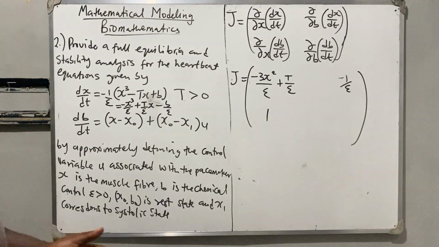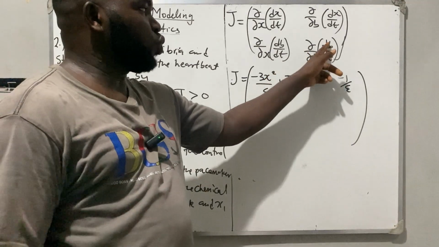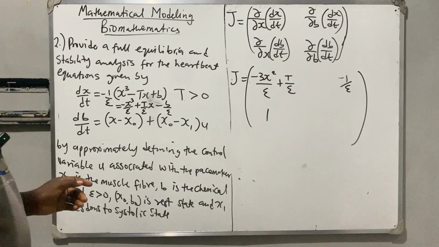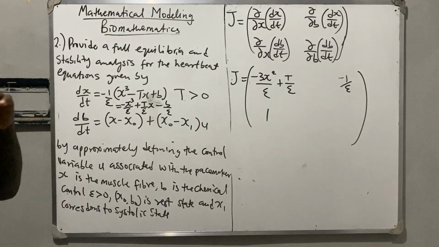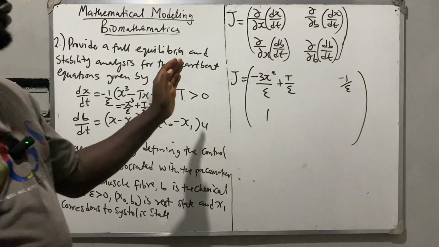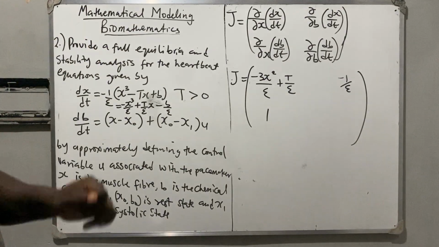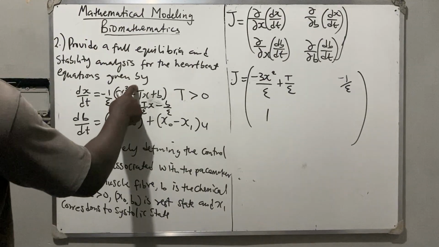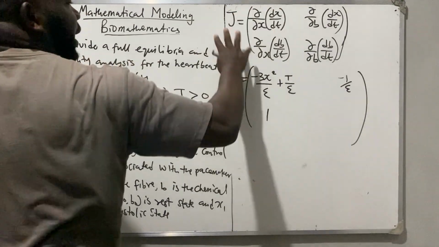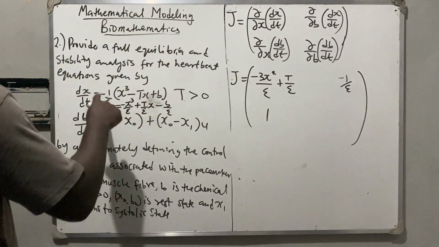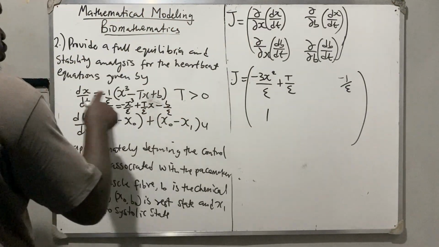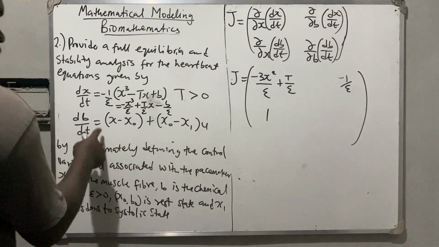Then finally, we are differentiating the second equation with respect to b. This is very simple. Differentiate the rows. Even if you did not write this, look at how to do it. It's very easy. Differentiate the first equation with respect to x, then differentiate it with respect to b.